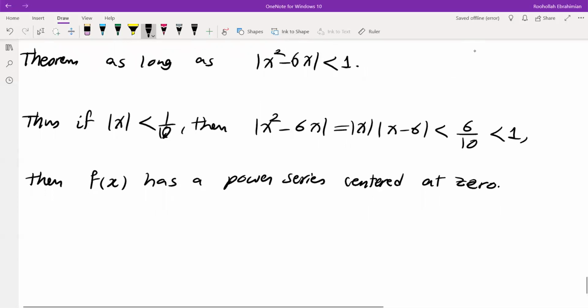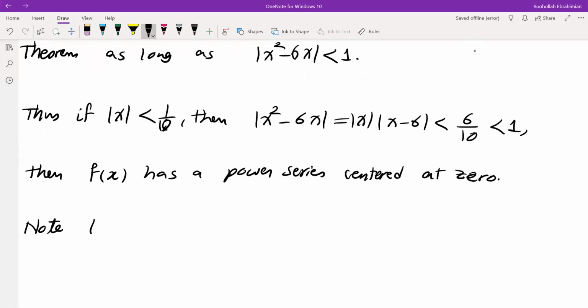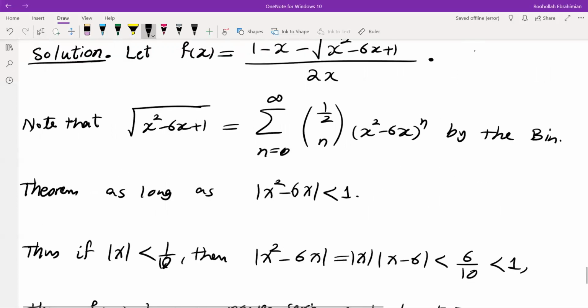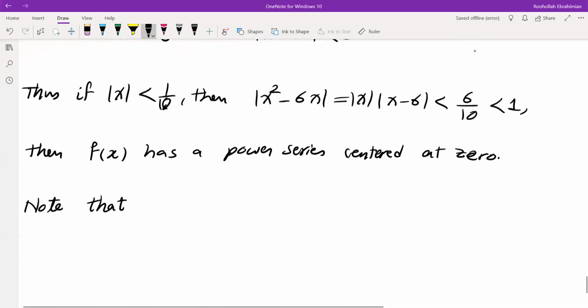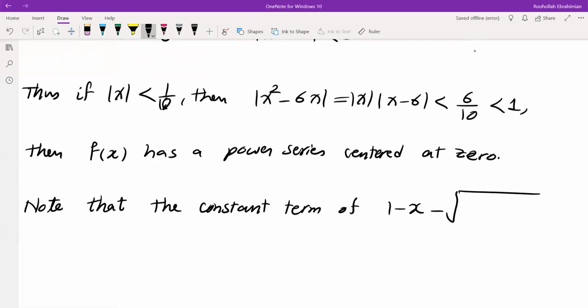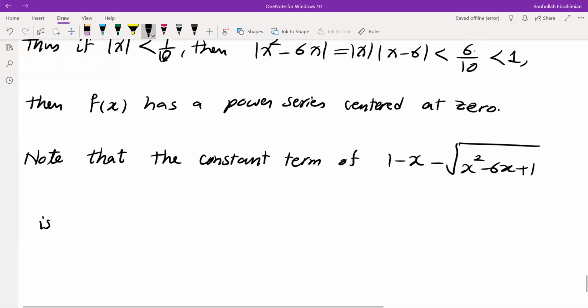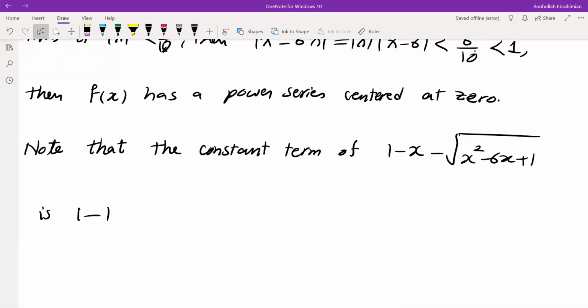So I guess I'm just going to have to check the 0 at the bottom, because I have a 2x at the bottom. Note that 1 minus x minus root, I guess I'm going to write down the first term of this. Note that the constant term of 1 minus x minus root x squared minus 6x plus 1 is in fact 0, it is 1 minus 1, which is 0.